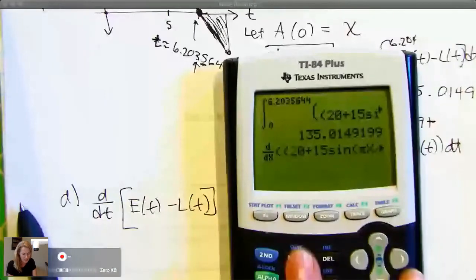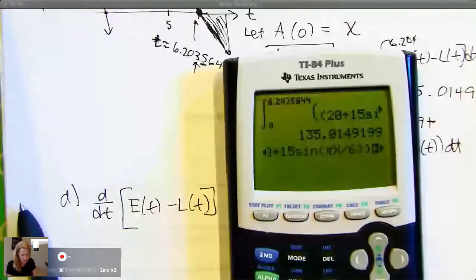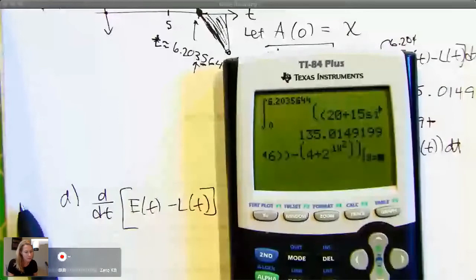I don't need it, but I like to be like, there's my first function, and now minus, I'm going to subtract the whole second function, which was 4 plus 2 to the 0.1 t squared power, or x squared in this case. And we're going to find that at exactly t equals, and that was at time 5, I believe.